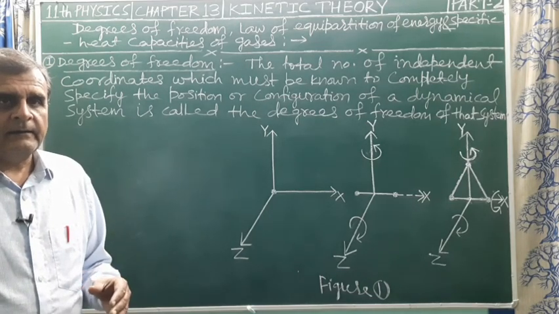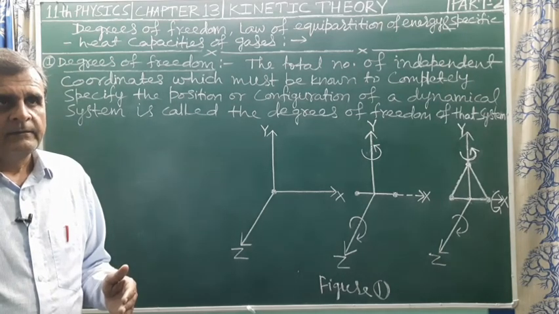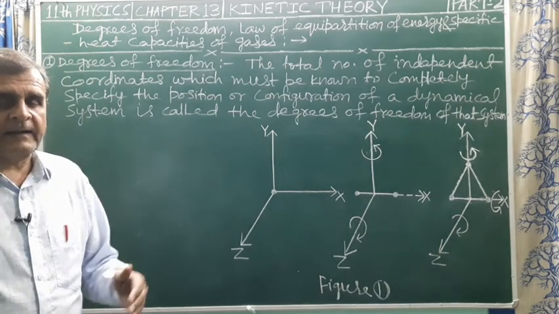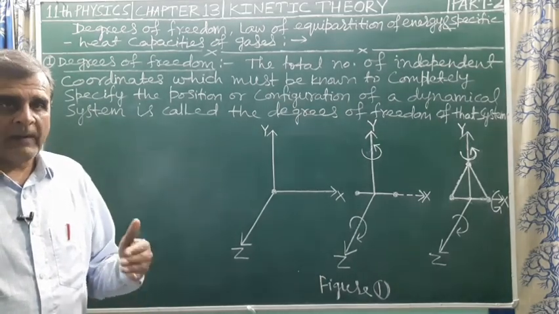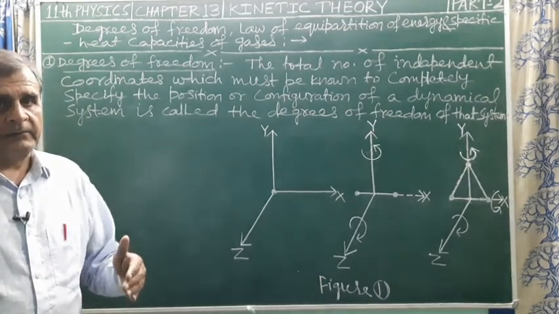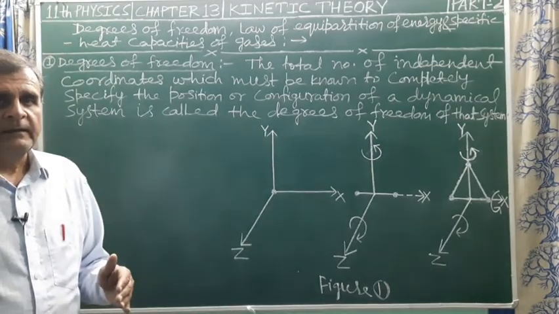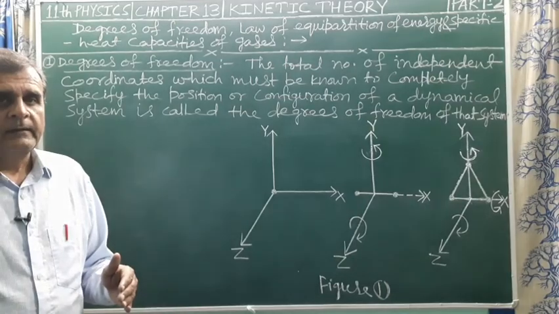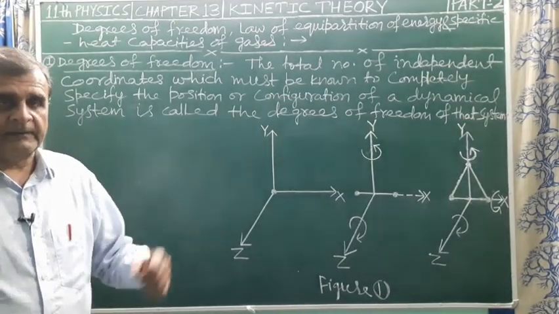There are only three translatory coordinates, that is either along x-axis or y-axis or z-axis, because a monoatomic gas can move randomly in any of the coordinate axes.